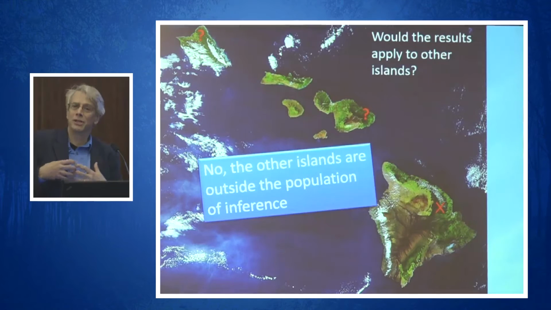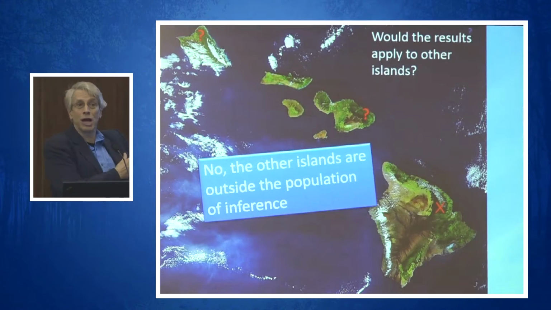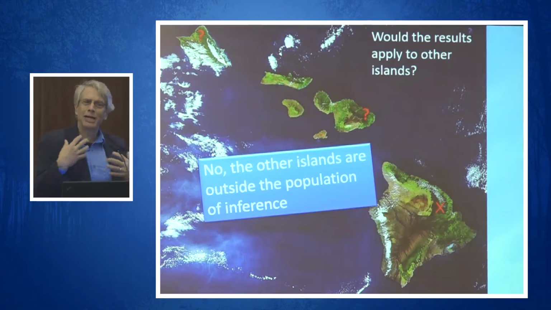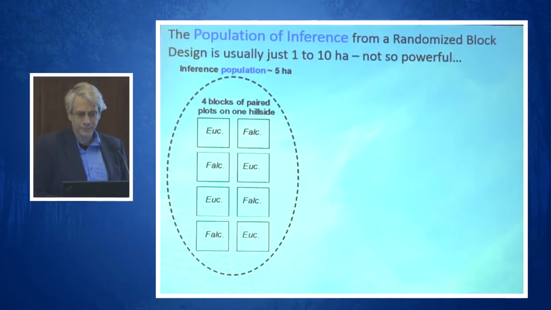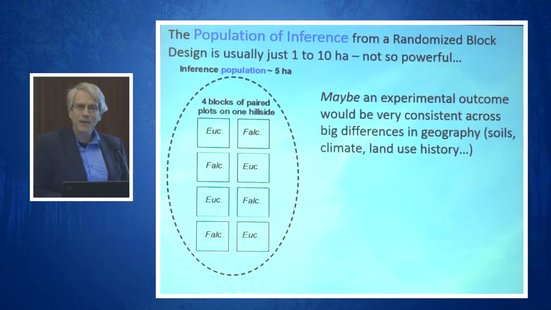Now, I might believe that nitrogen-fixing trees always do the same thing everywhere all the time. Well, then I can extrapolate to another island and I can be confident. Well, I can be confident in my opinion, but I can't back up my opinion with statistical inference. So, maybe an experimental outcome would apply to other places, but you know, geographically, the soils change, the climate changes, the weeds that might grow with the trees change, and all these things often matter a lot in forests.